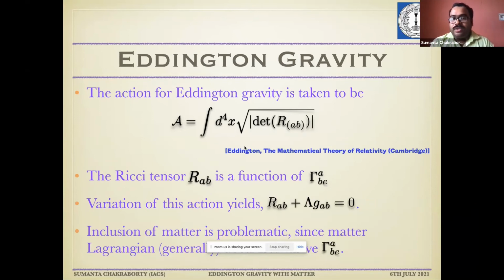Suppose I add to the action a matter Lagrangian L matter, which depends only on the metric and some matter degrees of freedom. Then variation with respect to gamma would again land up at the same equation, R_AB plus lambda G_AB equal to 0, while variation with respect to the metric will effectively tell us that T_AB is 0, and we would be back to square one.